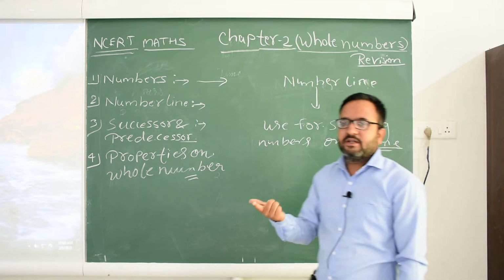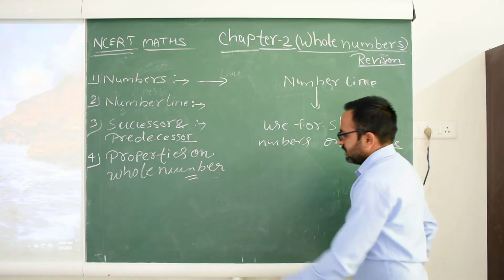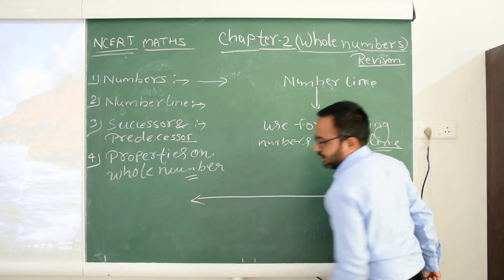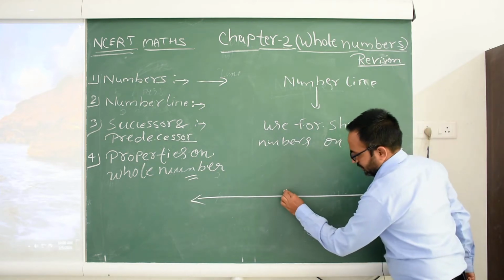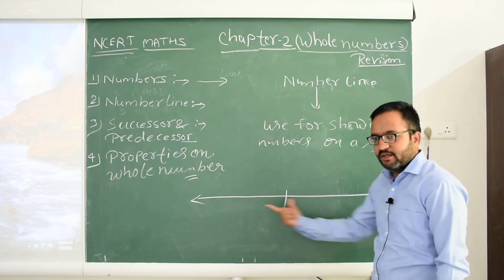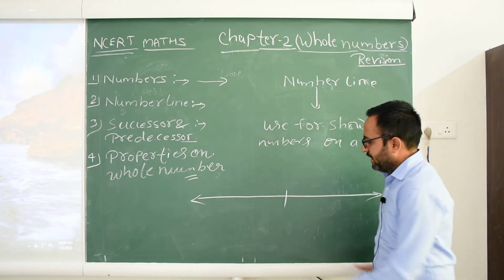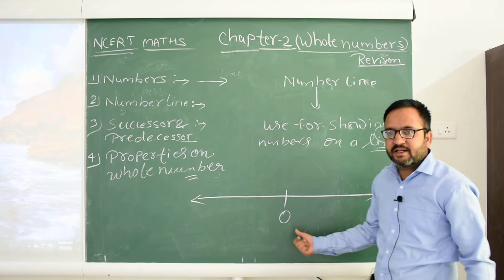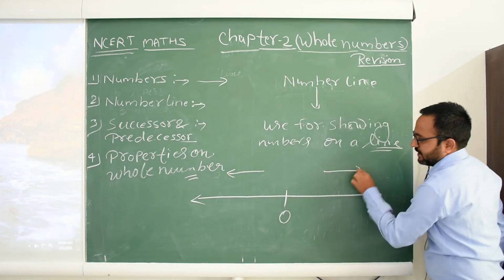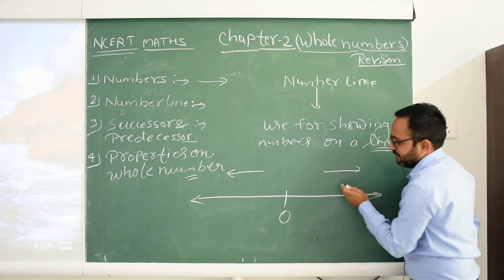Now how do we draw a number line? First we draw the line, and at the midpoint of the line we mark 0. Then there is the left hand side and the right hand side.